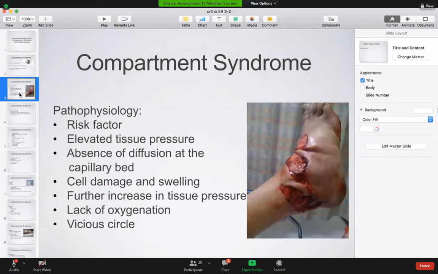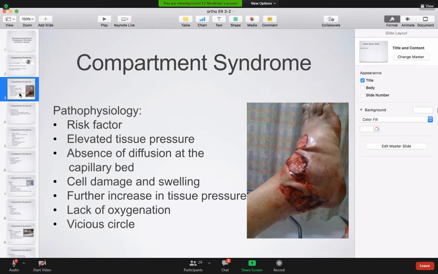What are the risk factors? They are very common, mostly fractures, extravasation of fluids in the compartment, bleeding.